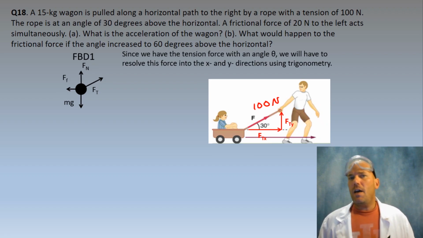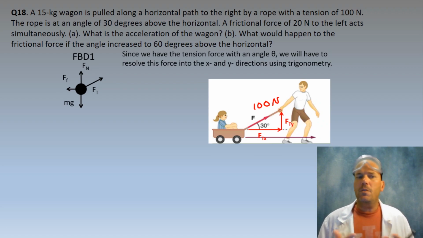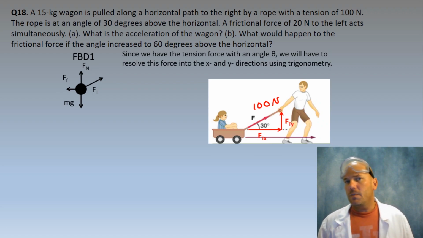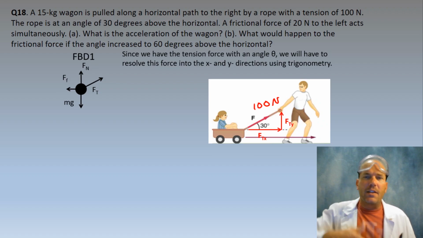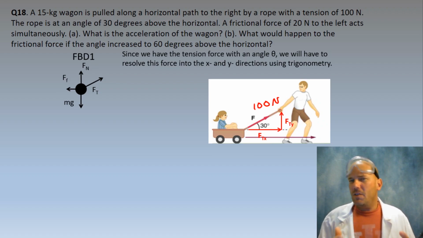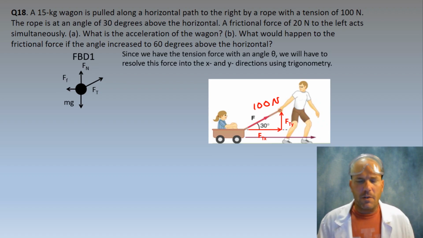And we also have the force of friction acting to the left horizontally, along with force normal and the force of gravity acting vertically. They're going to be equal in magnitude, opposite in direction, since the wagon is not accelerating vertically. There's no net external force acting vertically.